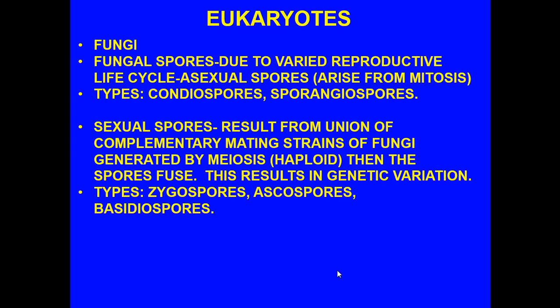Sexual spores are the result of the union of complementary mating strains of fungi generated by meiosis, which are going to be haploid and then they will fuse. And when they fuse, you get genetic variation. These types include zygospores, ascospores, and basidiospores.